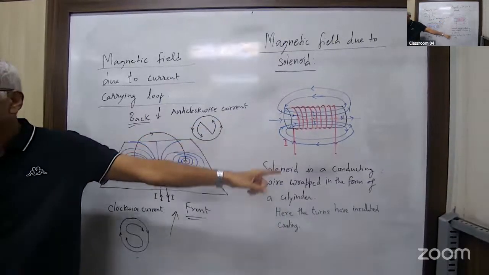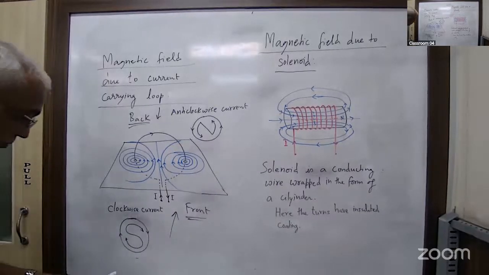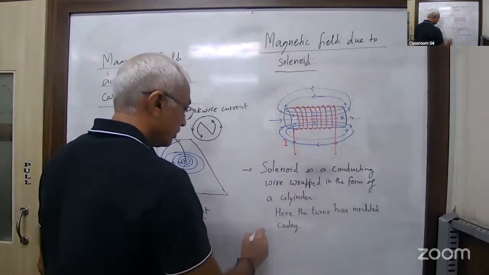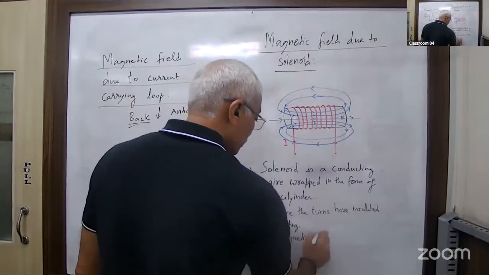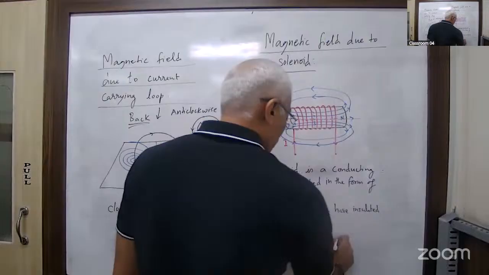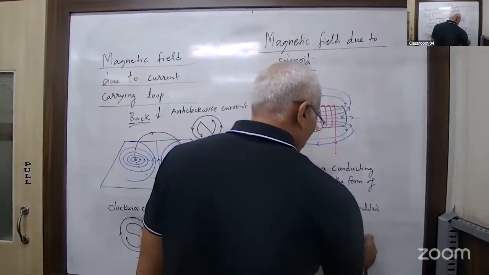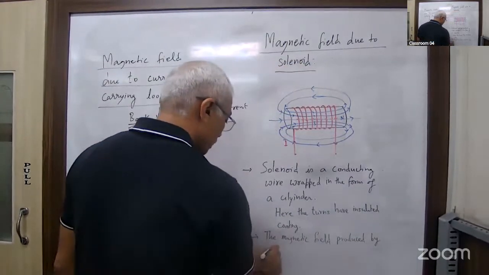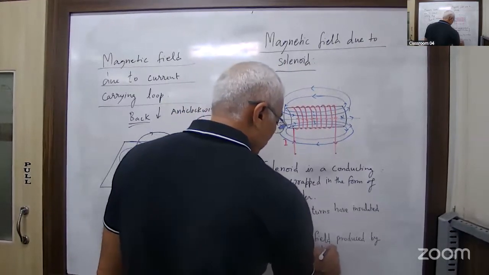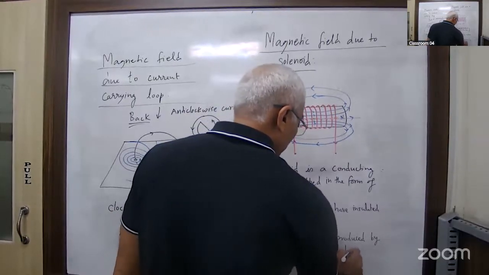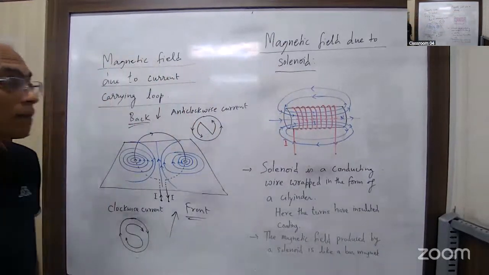Now if you look at it, the magnetic field of the solenoid is exactly like a bar magnet. A solenoid is like a bar magnet.